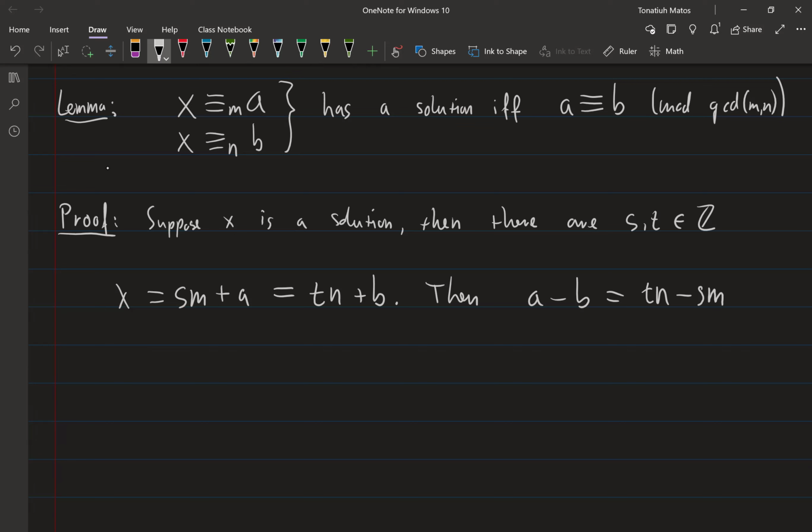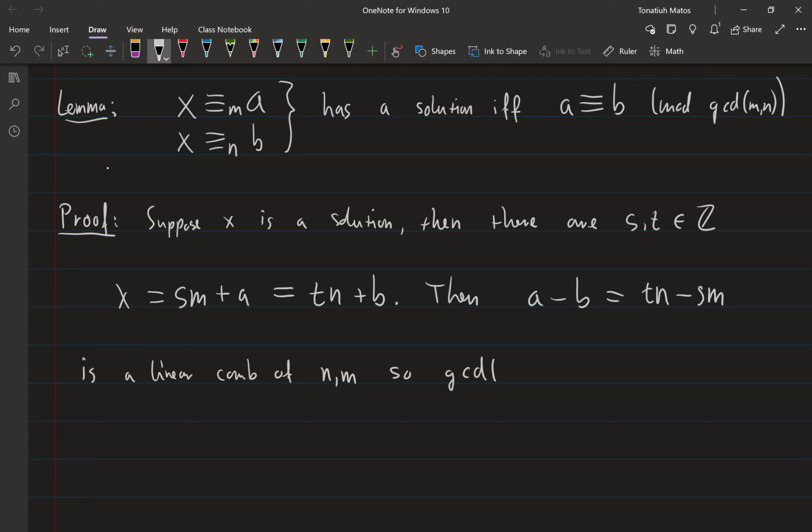I solve for a, and if I solve for a, this is tn minus sm plus b, and then I just subtract b on both sides, and I get this thing that I just wrote down. So this is a linear combination of n and m, right?